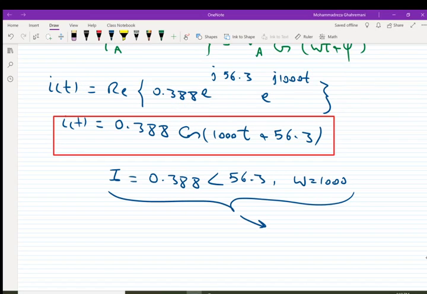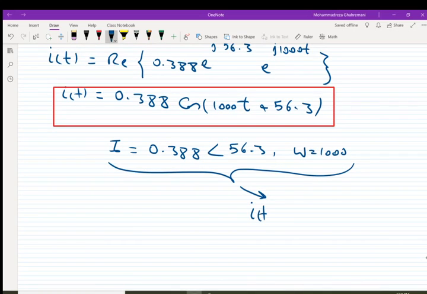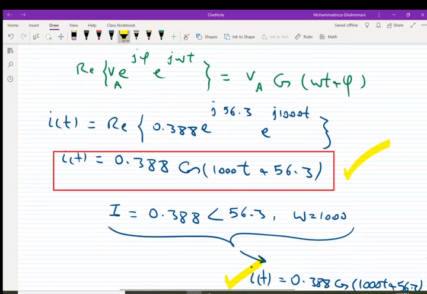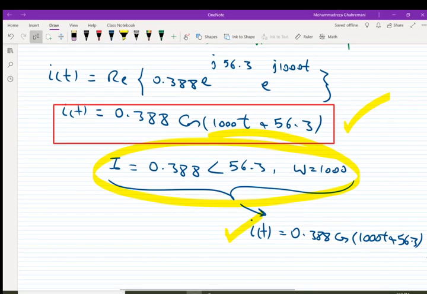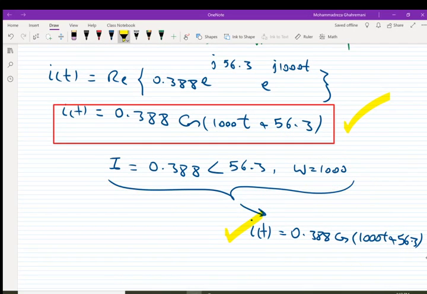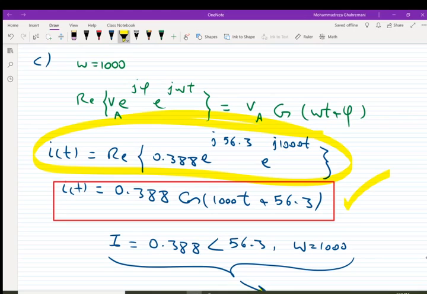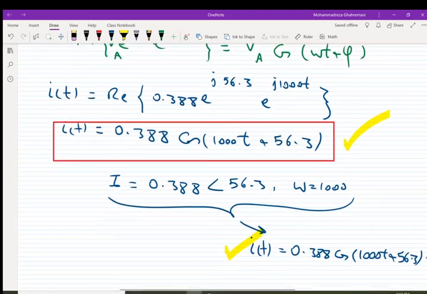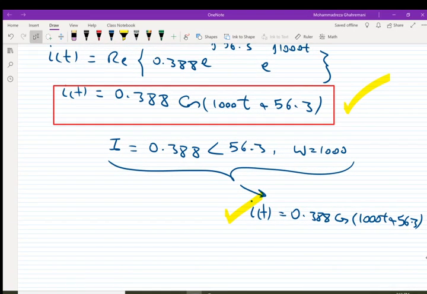So I of t is equal to the amplitude 0.388 cosine of 1000t plus the angle. Both of them are the same. So we can just use the phasor as a shortcut to find it directly, or we can write this equation based on Euler's formula to find the time domain signal.